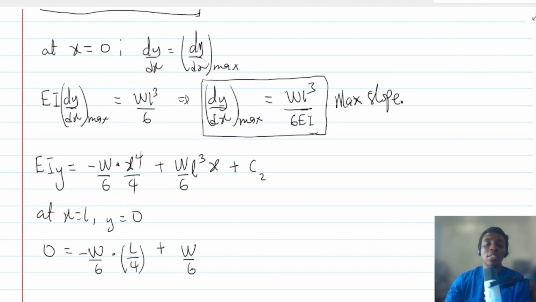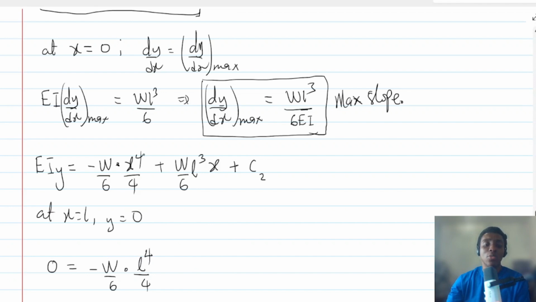So 0 is equal to minus w over 6 multiplied by L to the power 4 divided by 4, because it is x to the power 4, so it's going to be L to the power 4, plus w over 6 L cubed multiplied by x, so it's going to be L to the power 4, plus C2.